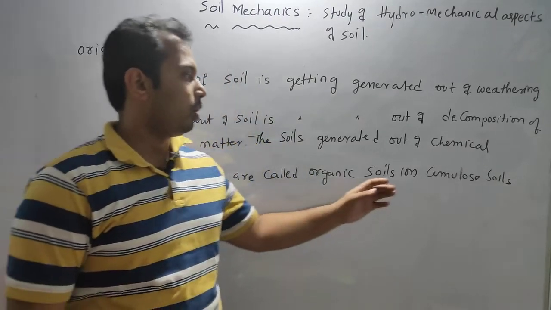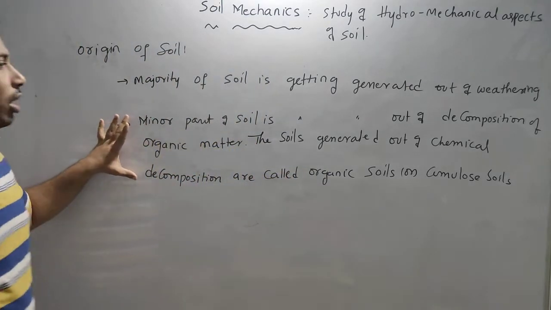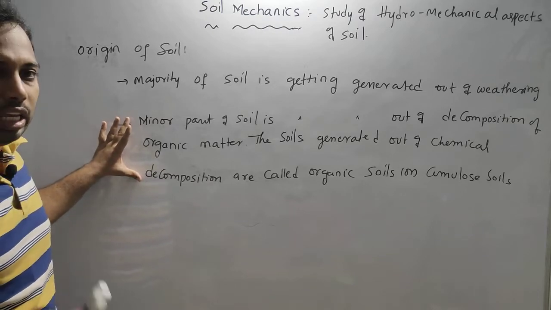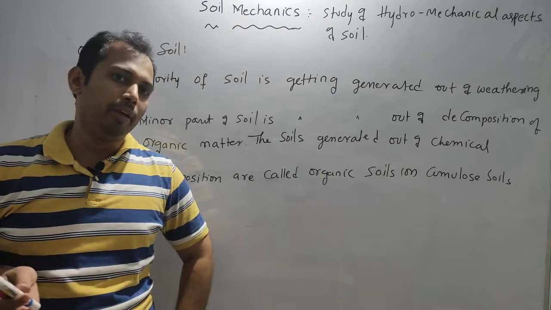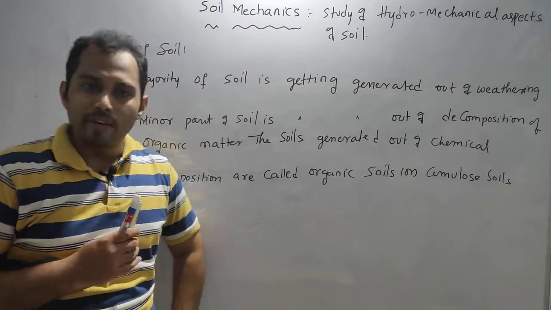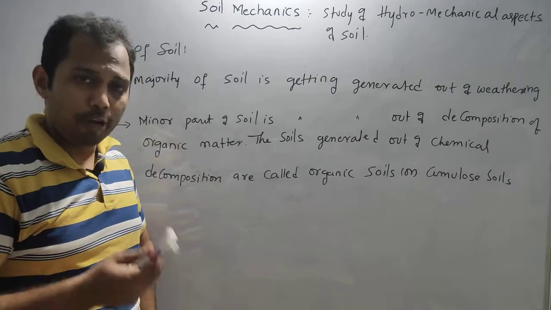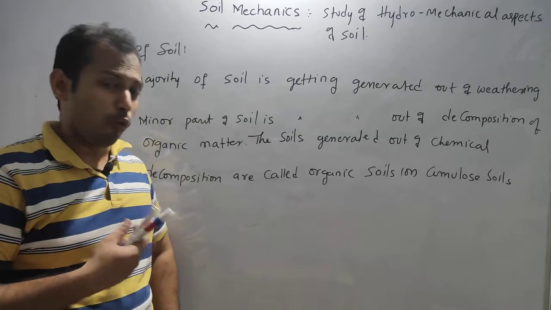Organic soils are also called cumulose soils, but they do not have any engineering importance. They don't have shear strength, they are very fibrous, and they have a very fine structure, so they have a high void ratio.